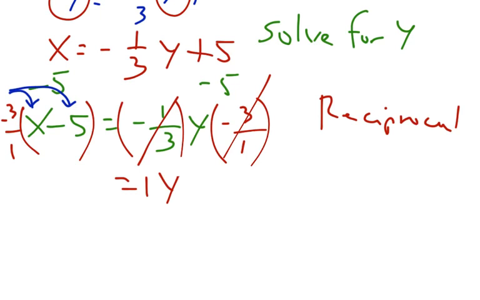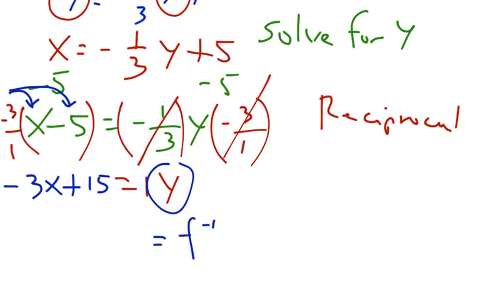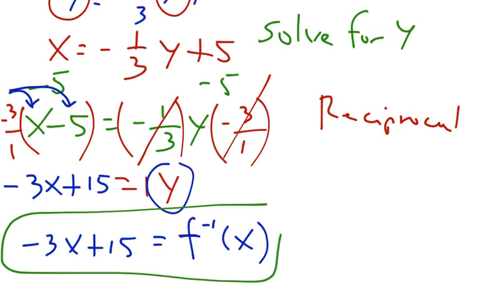So you're going to have negative 3 times x is negative 3x, and negative 3 times negative 5, positive 15. Okay, so that will be your inverse function. The only thing that I need to do is, instead of the y, I need to write the inverse function notation. So f of negative 1 of x equals negative 3x plus 15, and that's your inverse function.